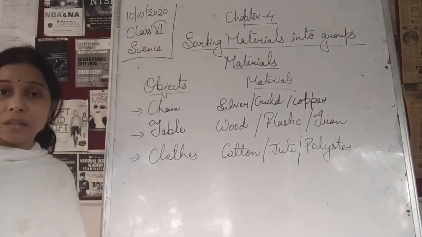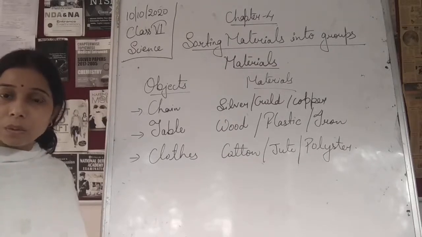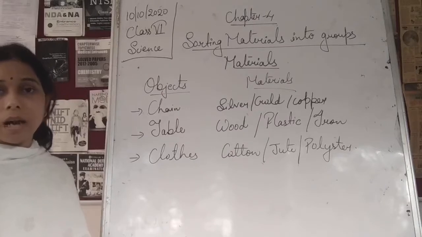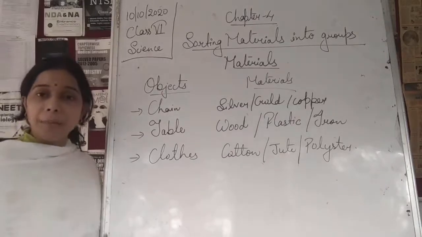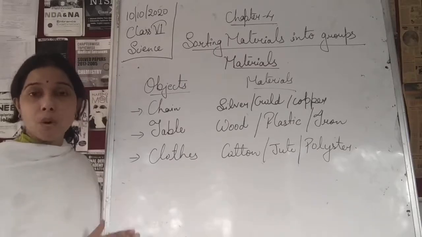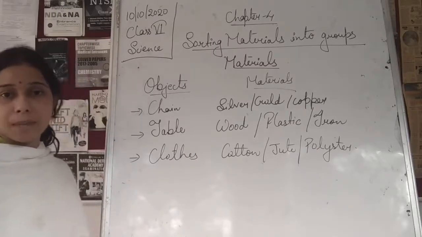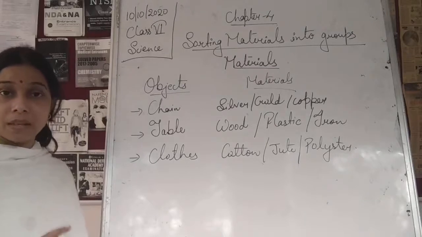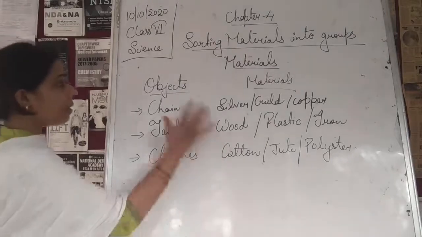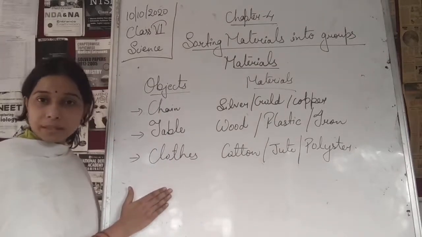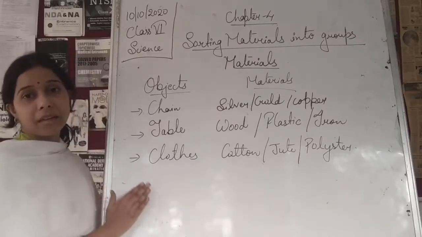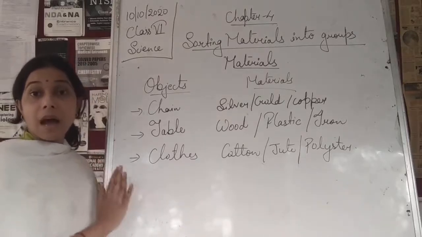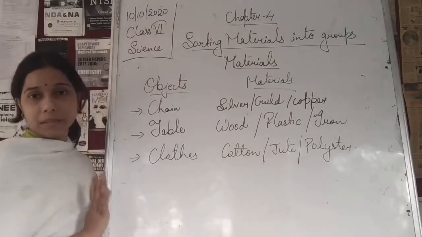So you can see that by this we come to a conclusion, and that is one object can be made up of more than one type of material. Let me tell you again. These are the objects, and these objects are made up of different kinds of matter, and that is known as materials.